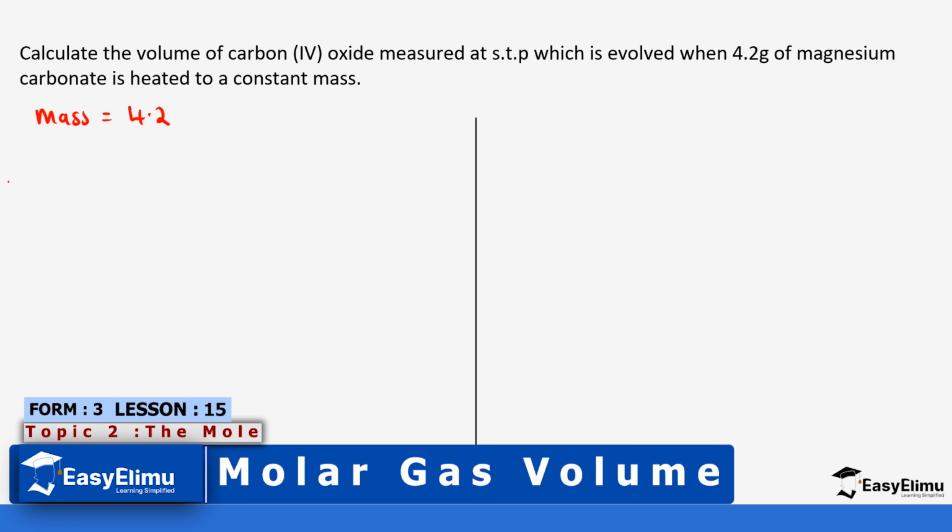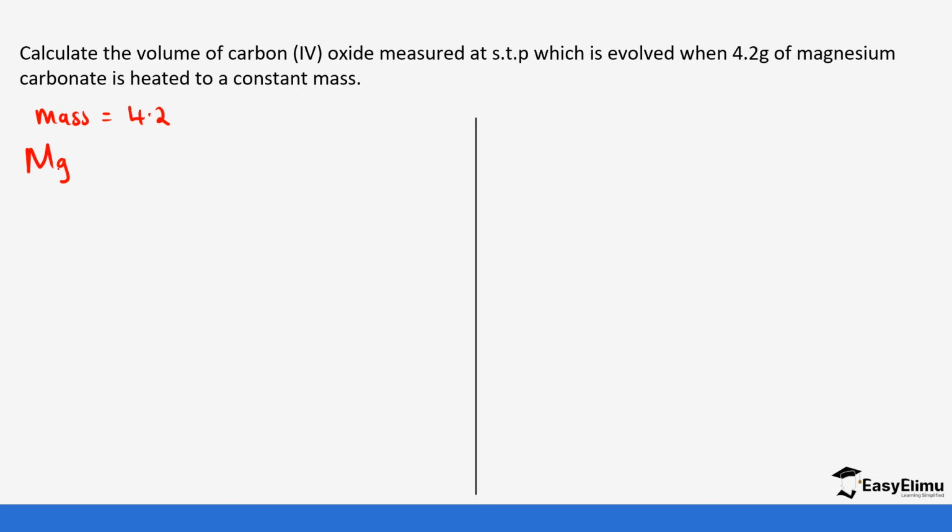When we heat magnesium carbonate, we form magnesium oxide plus carbon dioxide gas. We are looking for the volume of carbon dioxide. That tells you we need to get the mole ratio, which is 1:1:1.